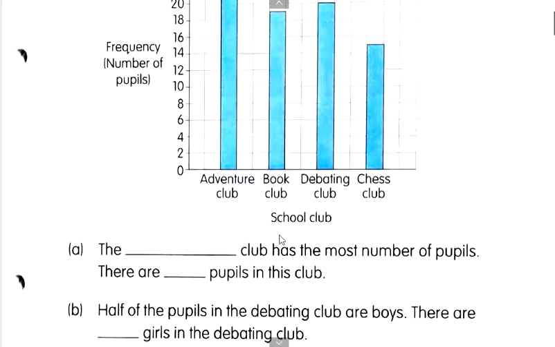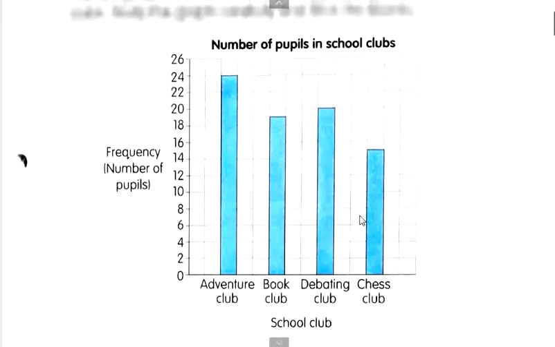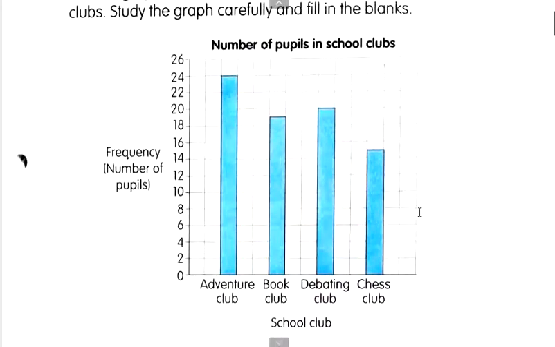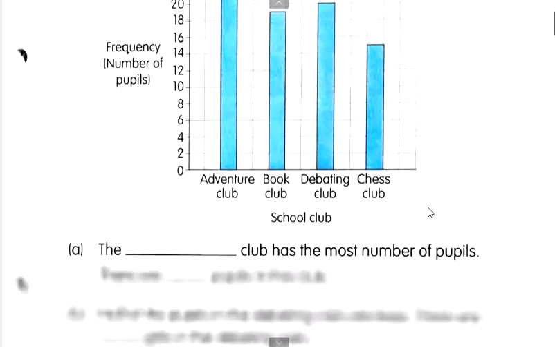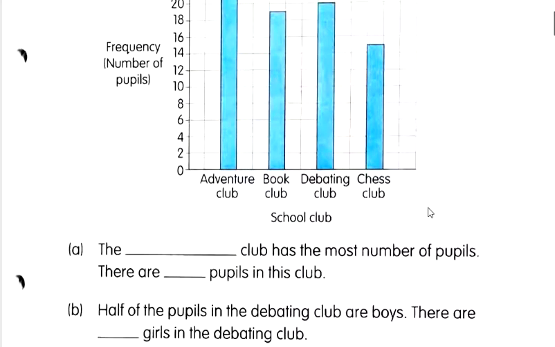So the question A, what club has the most number of pupils? You can look at the bar graph, which one has the highest bar. It is Adventure Club, right? Yes, it is Adventure Club. And how many pupils are there?